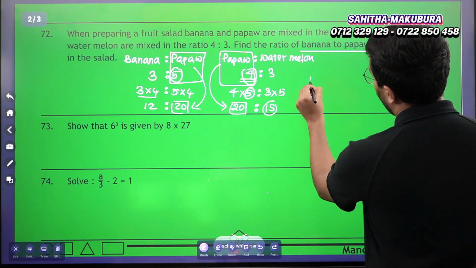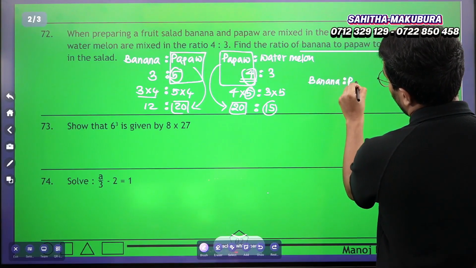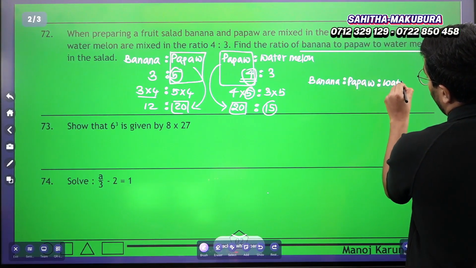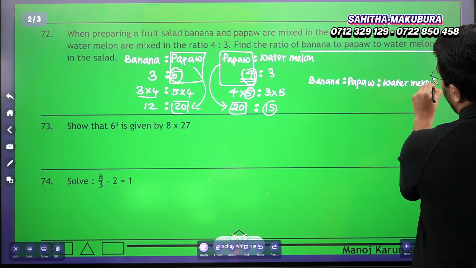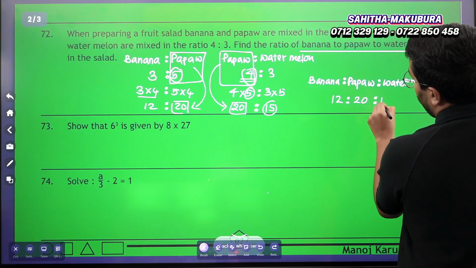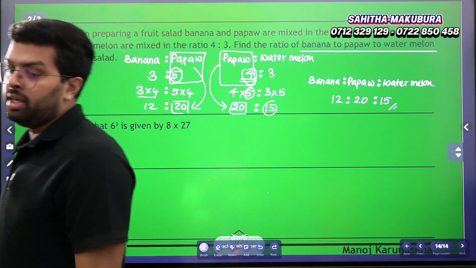So the ratio banana to pepper to watermelon is 12 to 20 to 15. Right. Is it clear?